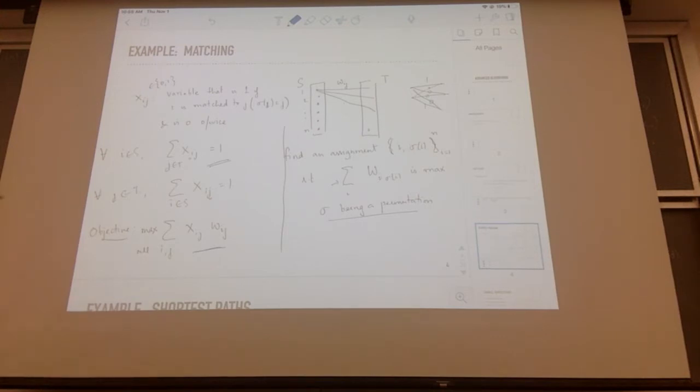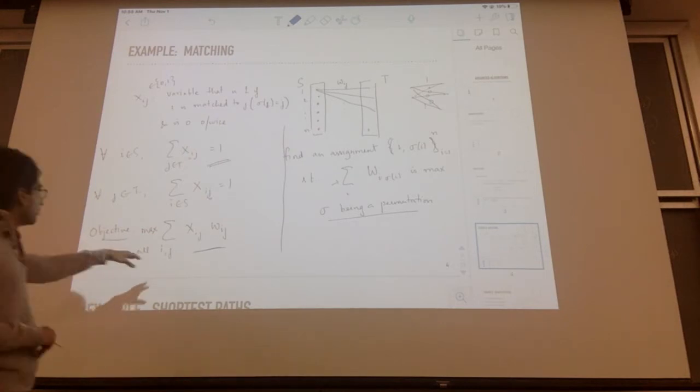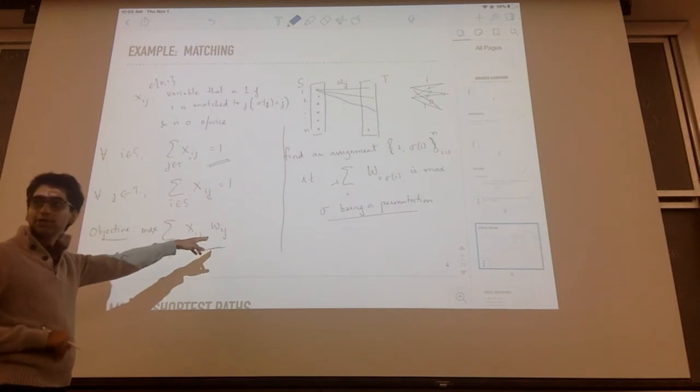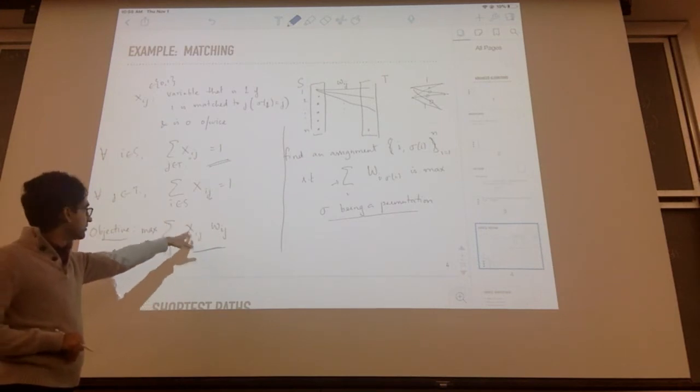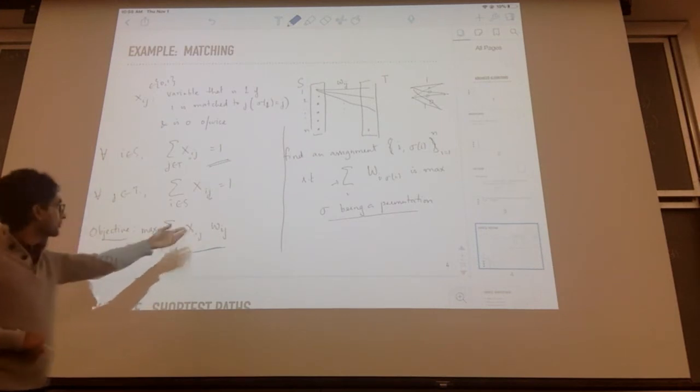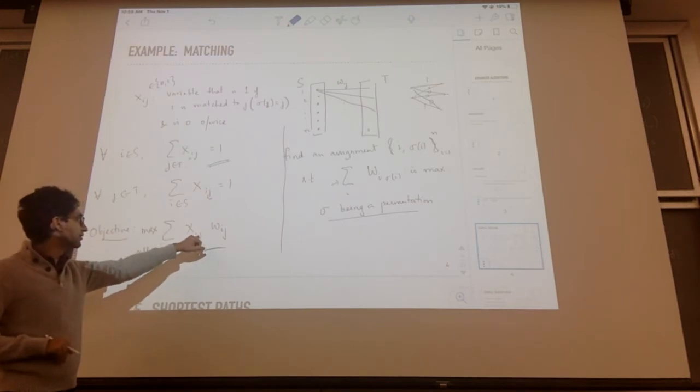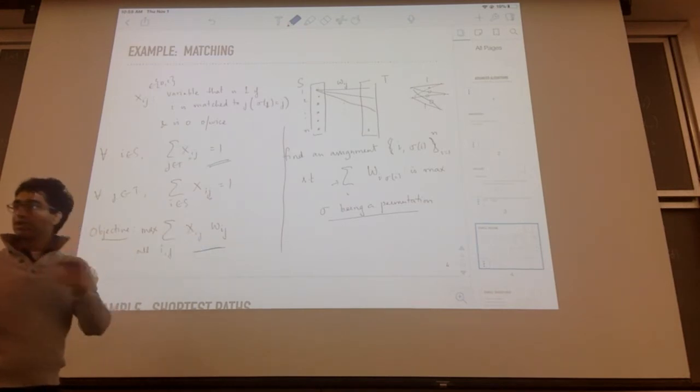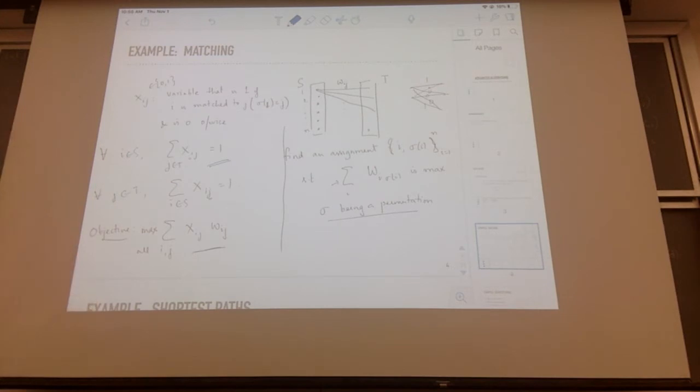If I was assigned to sigma of I, you must add up things like w of I, sigma of I. Somebody observed that you could write this as the sum over all edges of xij times wij. The rationale is that if you look at some j which was not sigma of I, that xij variable would be 0, so it would not contribute anything. This is exactly the objective that you would like to optimize.